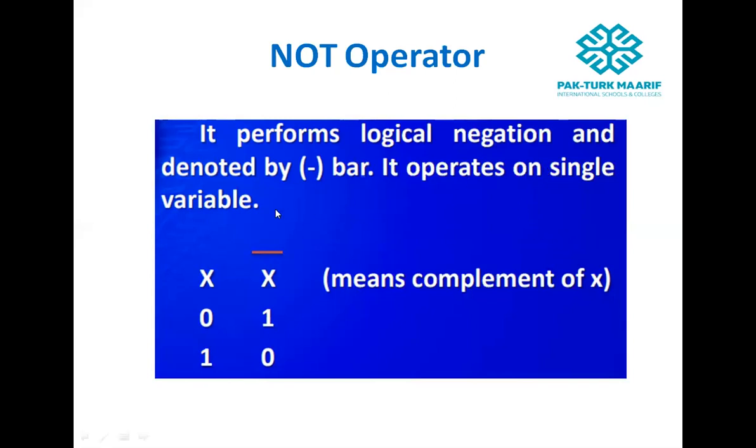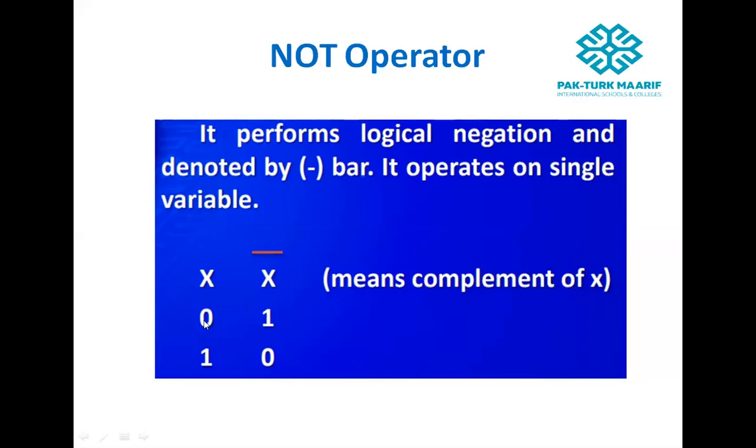AND operator and OR operator operate on two variables, but remember that NOT operator operates on a single variable. So now x, its value is either 0 or 1, and its complement we can denote by a bar sign, meaning complement of x.